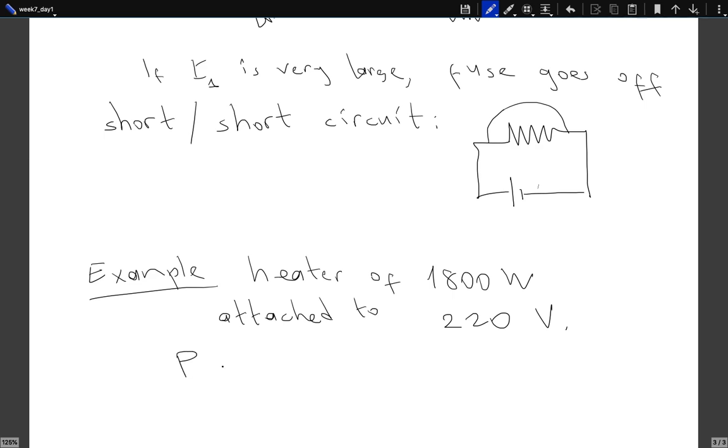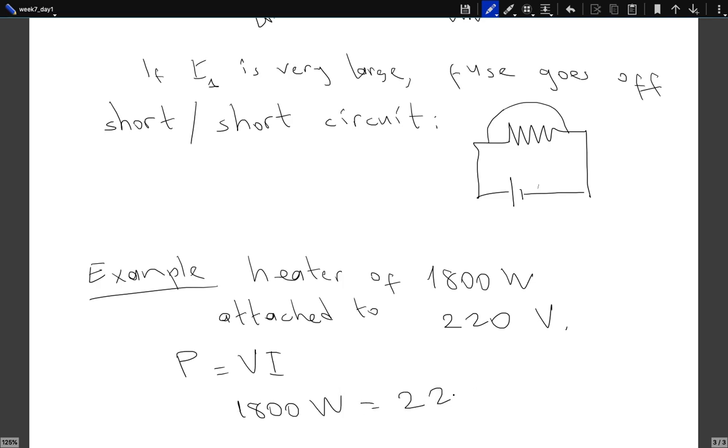Well, we said that the power was the voltage. Remember, voltage is in a sense the work done per unit charge. So how much charge passes through our system per second? Well, that is the current. The power is the voltage multiplied by the current. Now, we know the power. This is 1,800 watts.